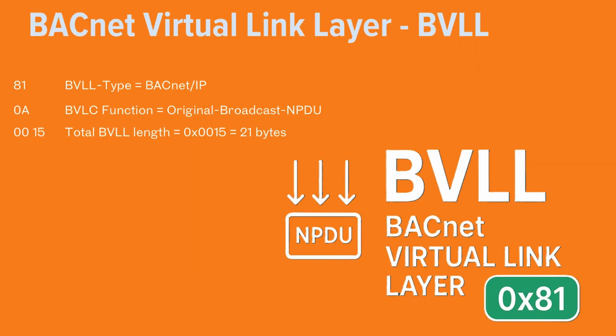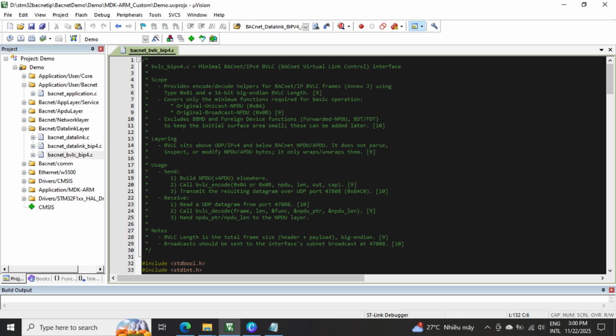Let's start with BVLC, the BACnet virtual link control. This file, BVLC BIPv4 C, provides a minimal BACnet IP BVLC interface for IPv4. It helps encode and decode BVLC frames for basic BACnet communication.